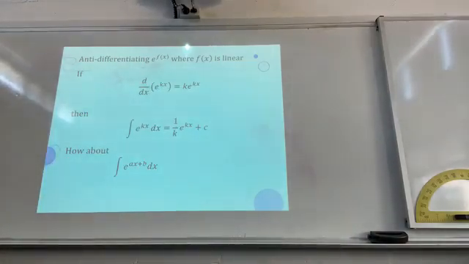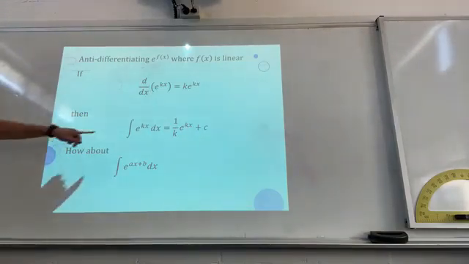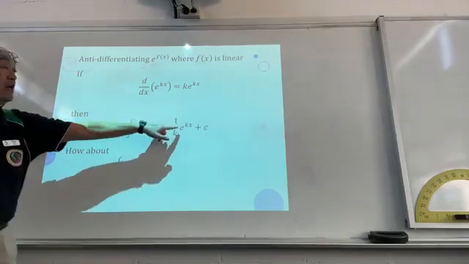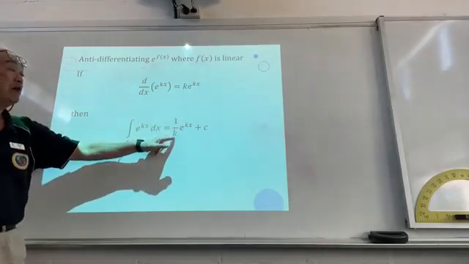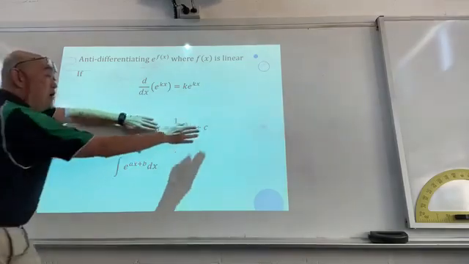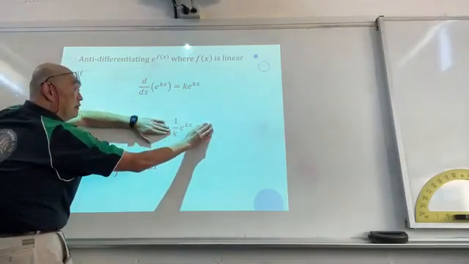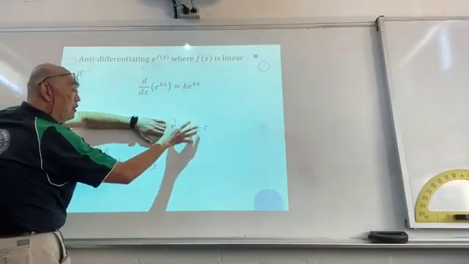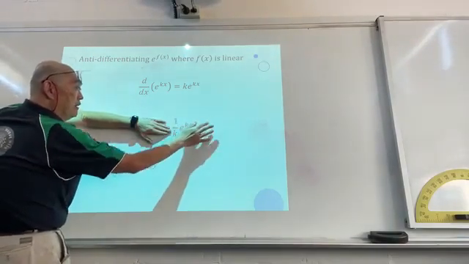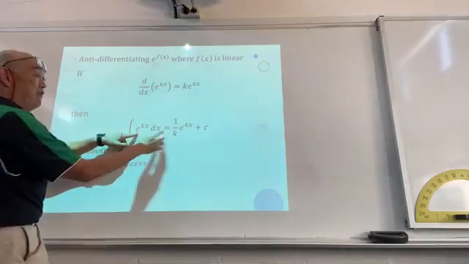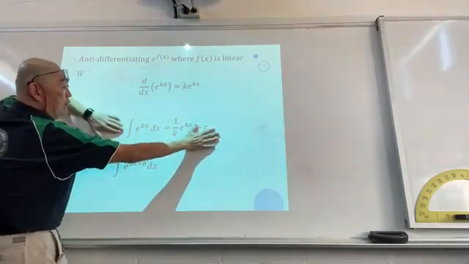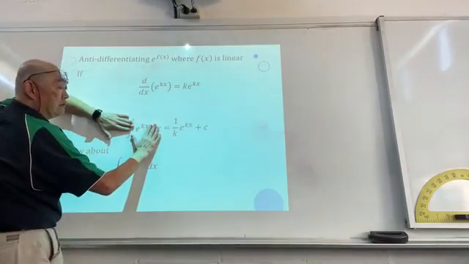Therefore, integrating e to the power of kx dx gives 1 over k e to the power of kx, because if you differentiate that, it is k times 1 over k e to the power of kx, which gives you e to the power of kx.